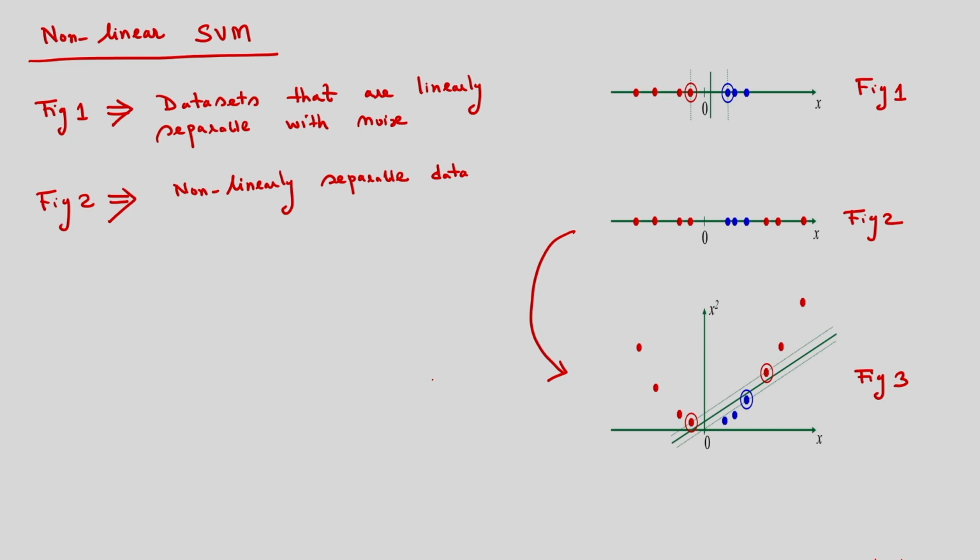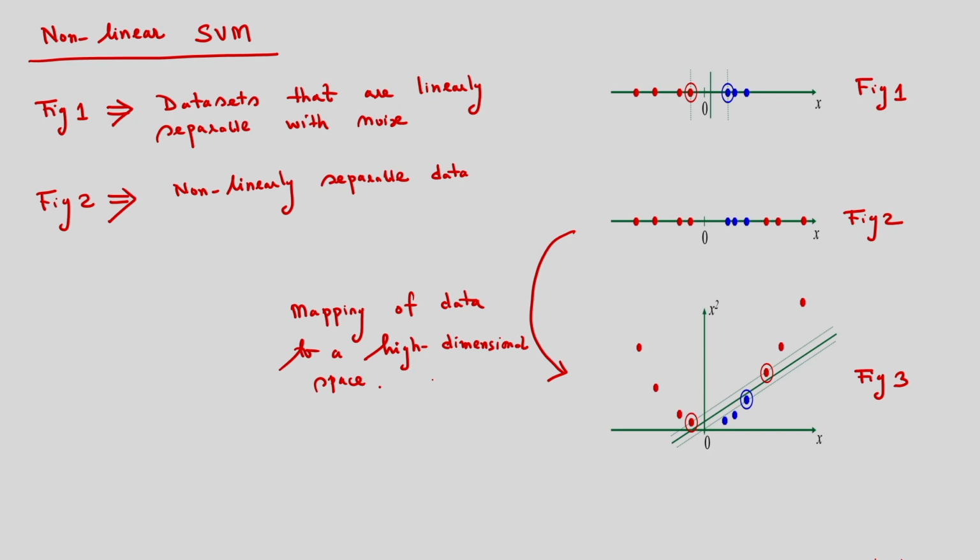That means what we are doing is mapping of data to a high dimensional space. So from the low dimensional space, I am mapping into the high dimensional space, and that is the fundamental concept of the nonlinear support vector machine.